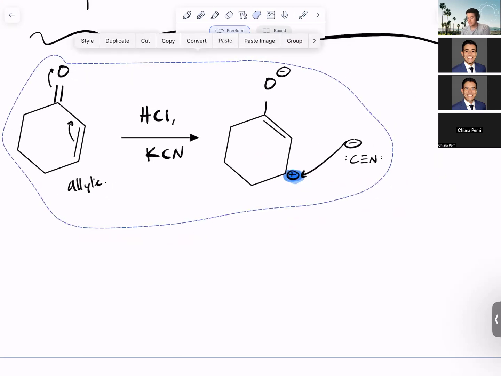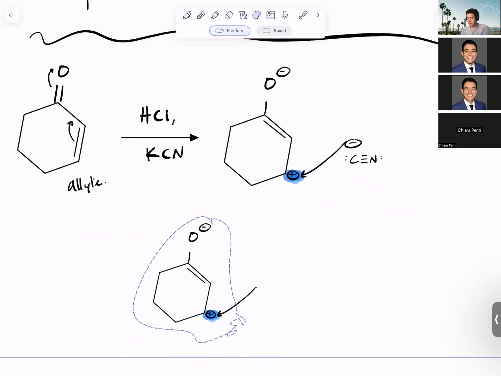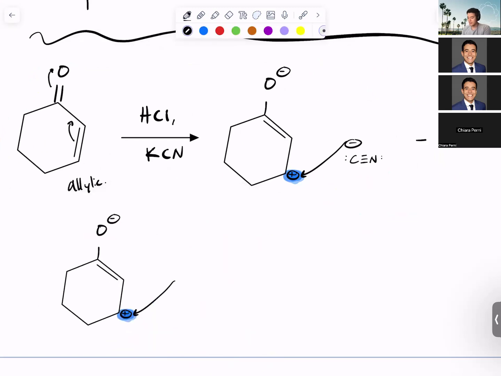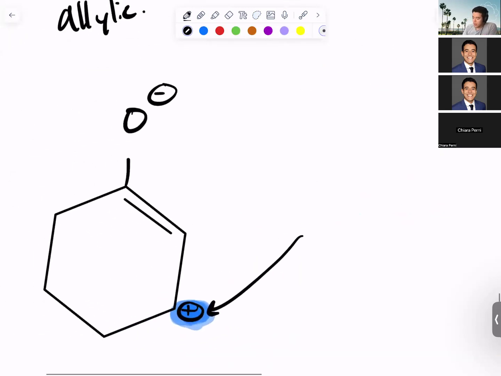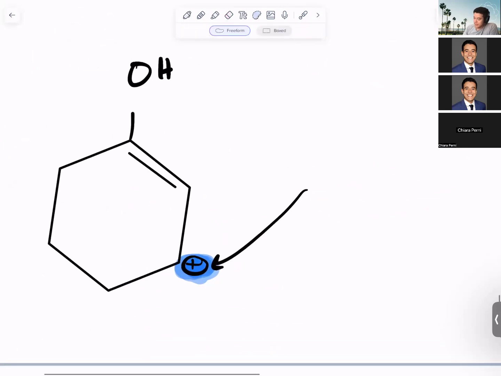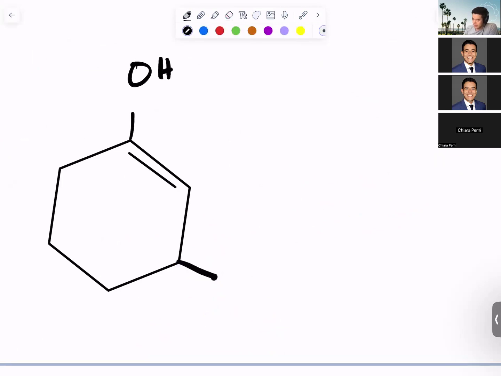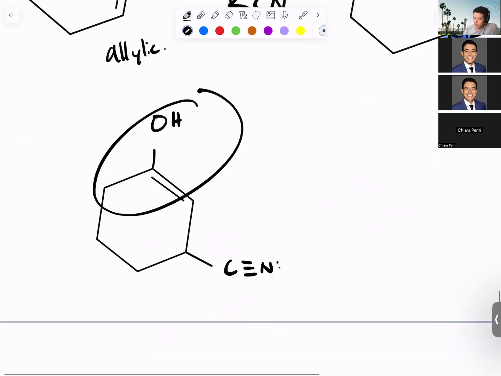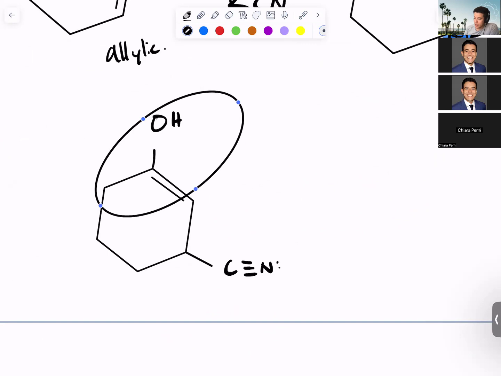So let's say that went into here. Your O up on top is neutral. And then on the side here, you have your new CN group like this, C triple bond N. All right. Quick recall. What is the name of the process that's going on over here?